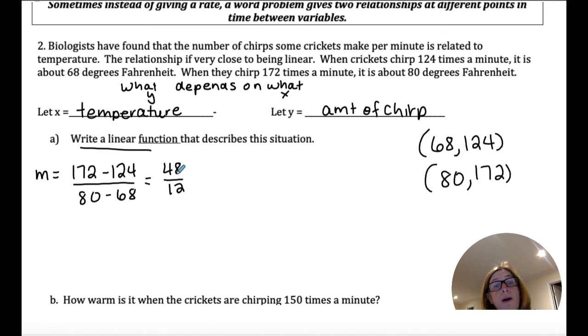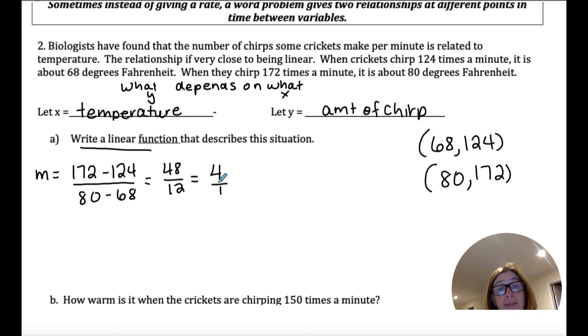And 12 goes into 48 4 times. Okay, so I get a slope of 4. As a rate of change, that means that there will be 4 chirps for every 1 degree increase in temperature.